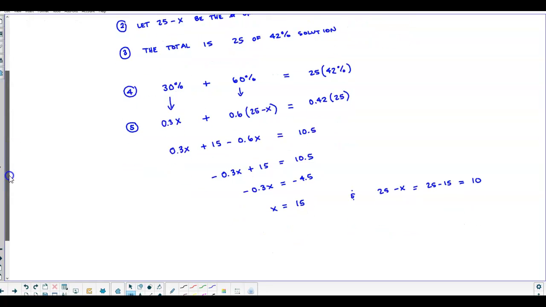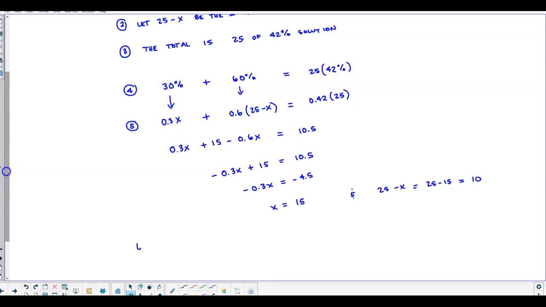So we can say that we would need 15 quarts of the 30% solution and 10 quarts of the 60% solution.